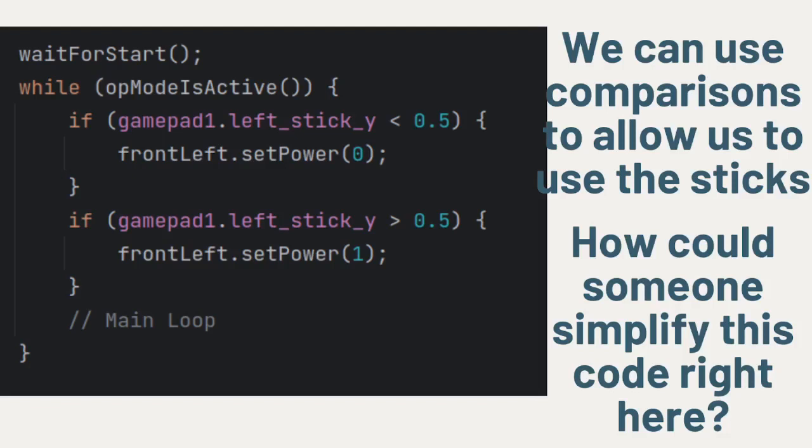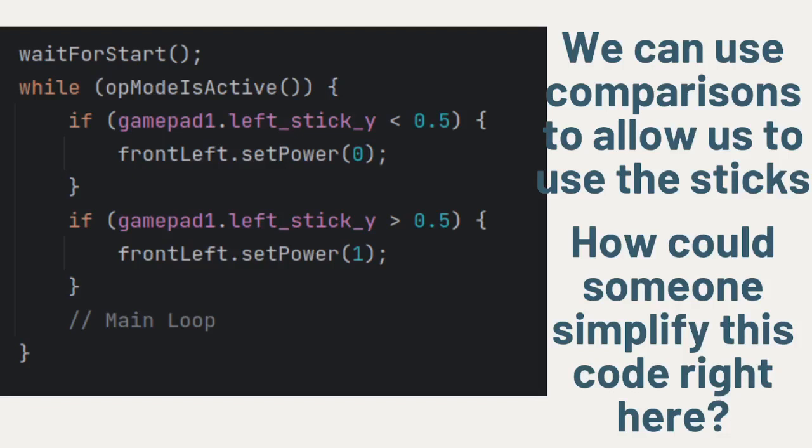Okay, so we can use comparisons to let us do things like this. First of all, does anyone know what this code would do? Does anyone want to try to explain this code? Press the left stick more than 0.5 to one side, it'll stop the front left. If it's less than 0.5, it'll stop it.